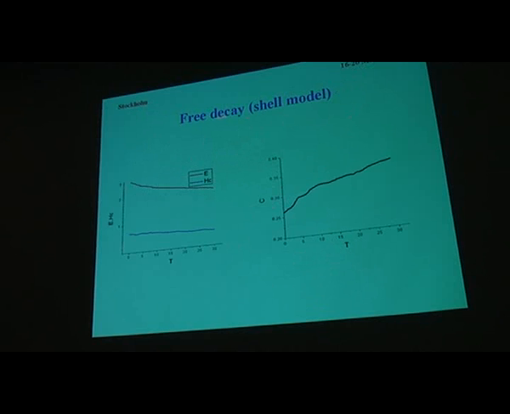This is an example of free decay, the old null result, where the ratio of cross helicity and energy increases under free decay. In the beginning it was something like 0.27, and with time it grows. The time is given in large-scale turnover time units.